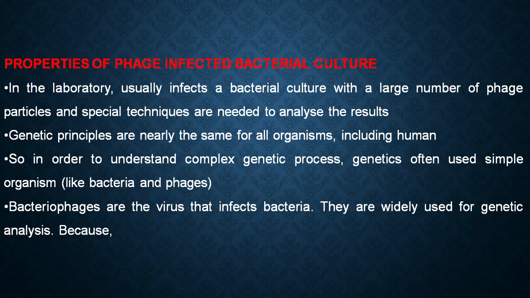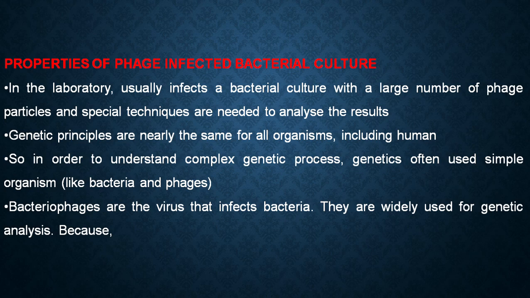Properties of the phage-infected bacterial culture. In the laboratory, we usually infect a bacterial culture with a large number of phage particles, and special techniques are needed to analyze the result. Genetic principles are nearly the same for all organisms, including humans.